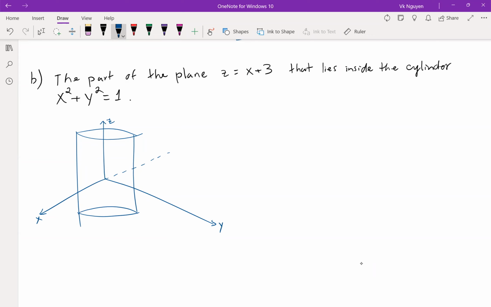Let's have z equal 3 somewhere right here. And at z equals 0, x equals -3. So there's the plane right here. It's going to cut through the cylinder, and then you're going to have the part that is the intersection. You're going to have this.